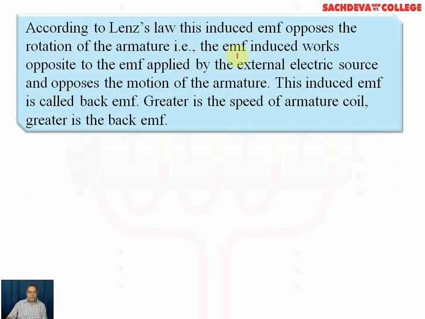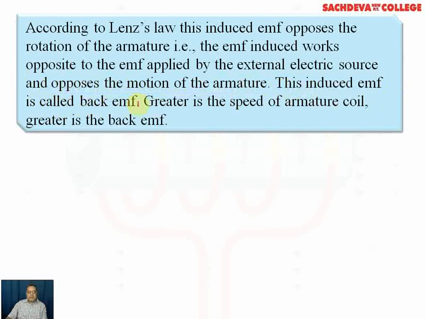The EMF induced works opposite to the EMF applied by the external electric source. The external electric source is in the form of an HT battery, high tension battery, and the induced EMF opposes the motion of the armature. This induced electromotive force is called back EMF.